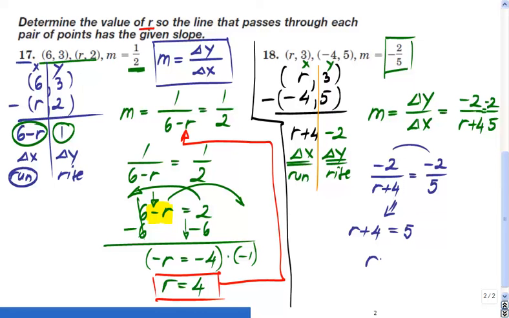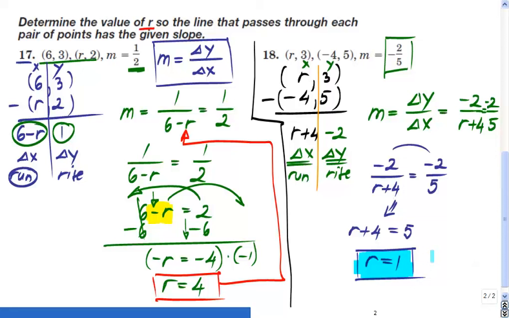So out of this, I can state that r plus 4 has to be equal to 5. And in that case, you guys know that to take away 4 from both sides will be the way to solve it. And you find that your r is actually 1. And you are done. You have another problem that is solved.